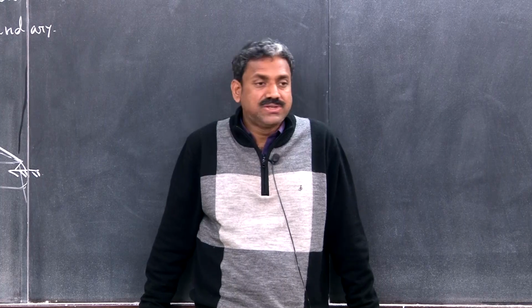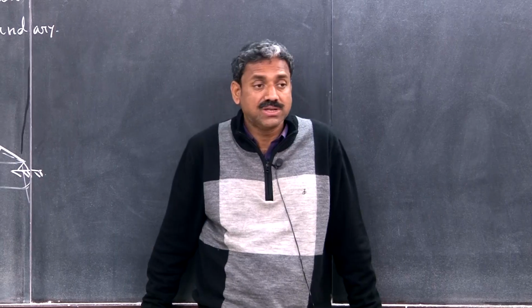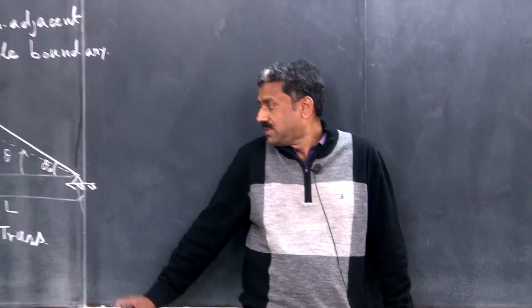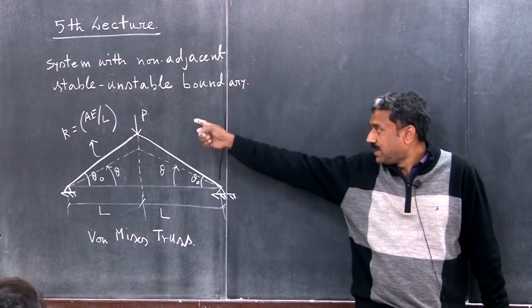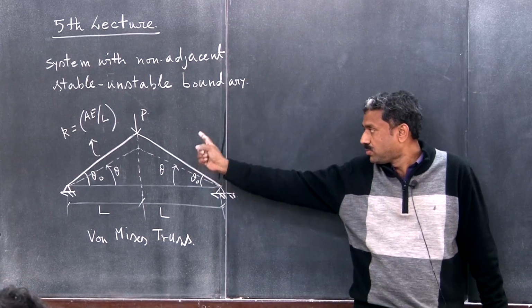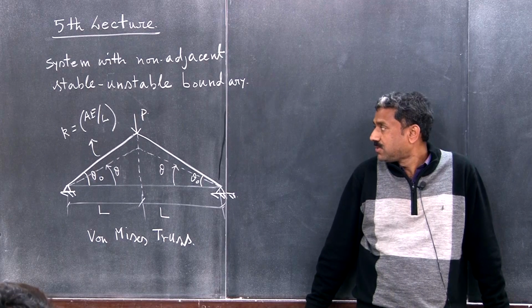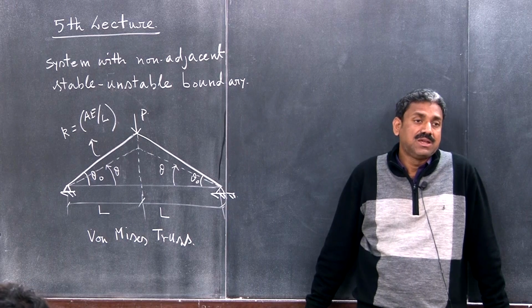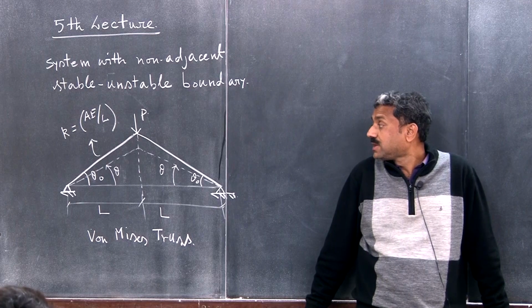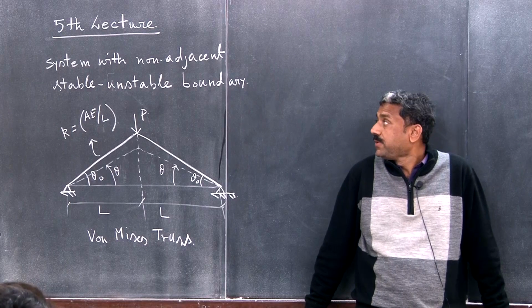So now we are going to consider a class of system, and we are trying to demonstrate using a very simple example, namely the von Mises truss, okay, which is simply supported, and basically two members having axial stiffness AE by L, okay, and subjected to a concentrated load P on the top, and these have length L. Initial inclination was theta 0, and then after perturbation it takes a configuration theta, an intermediate configuration.